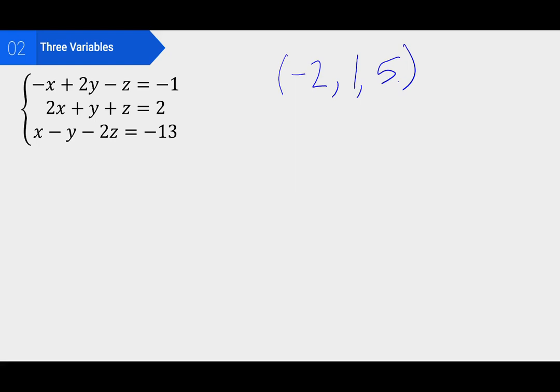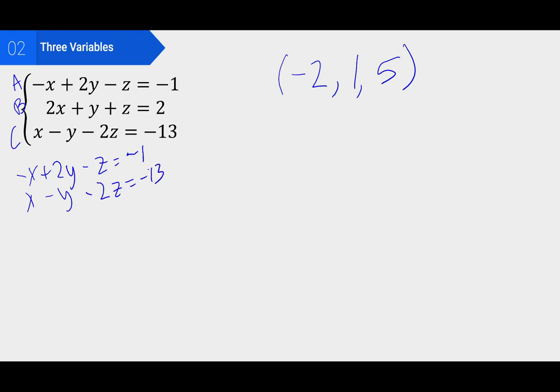Alright, I'm going to go ahead and label these A, B, and C, and I'm going to add, let's do A and C. We're going to eliminate X. Here's one. I'm just writing these out.